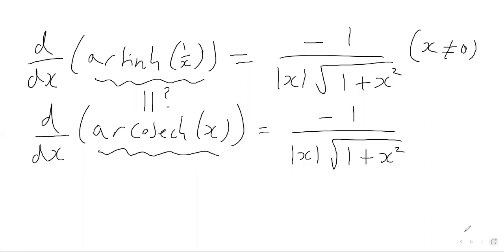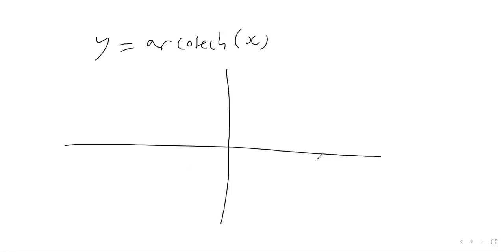So the arcosec function looks something roughly like this. If we sketch a graph of arcosec of x, you get something roughly like this. You get an asymptote at x equals 0, and you get an asymptote at y equals 0 as well. So something kind of like this.